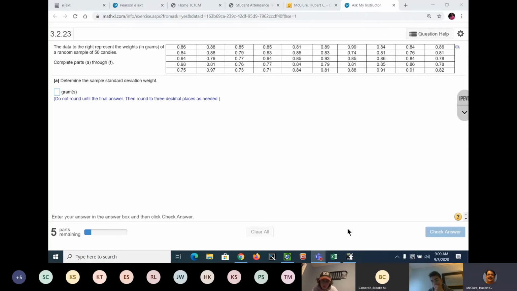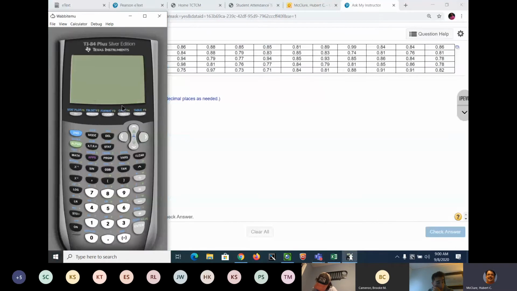Those of you that do have a calculator and you put it in your calculator, the way that you put things in order on your calculator, well, as soon as you get rid of everything, you hit stat, sort in ascending order. That means from lowest to highest.